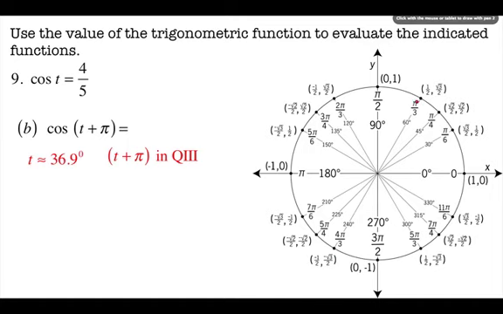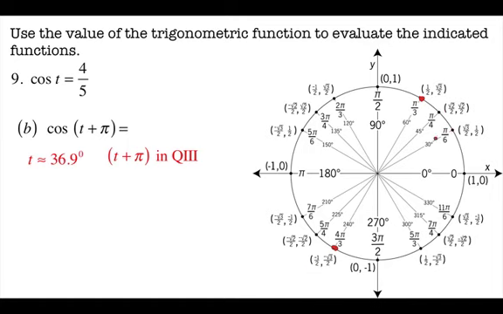Notice that this is pi over 3, and if I add pi over 3 and pi, I end up over here. So there's a relationship between these two angles. If this is 1/2, the x value, what is the x value here? Negative 1/2.